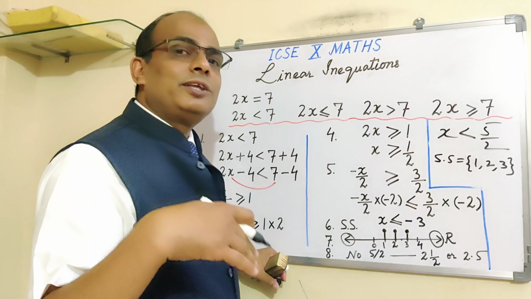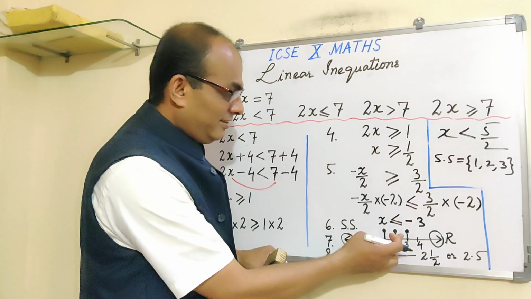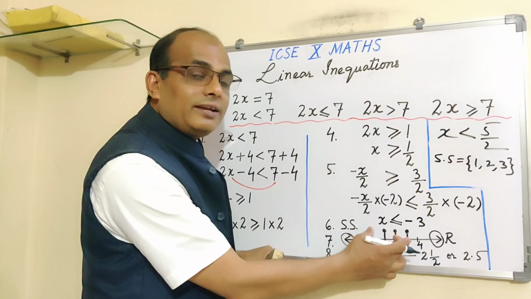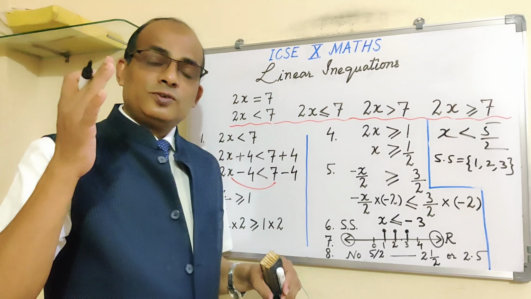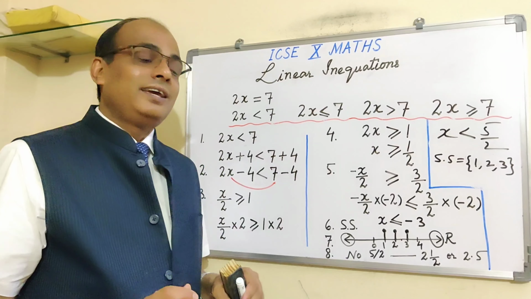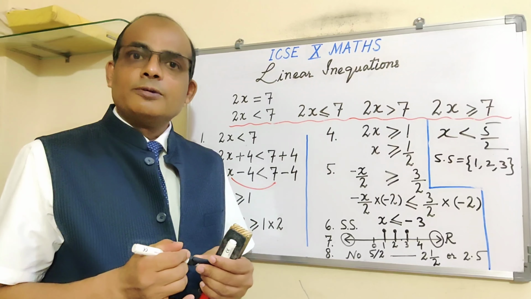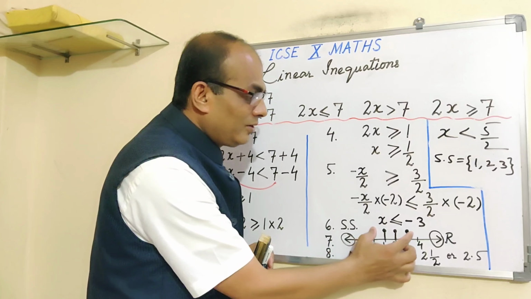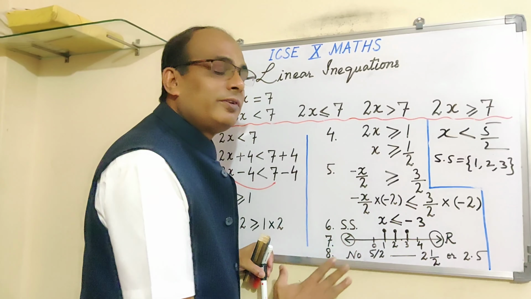In that case, the representation will be different, because this solution is for the listing method, when x belongs to other than R. When x belongs to R, you will write down the solution set in rule method, and that is not the way you represent the solution set.